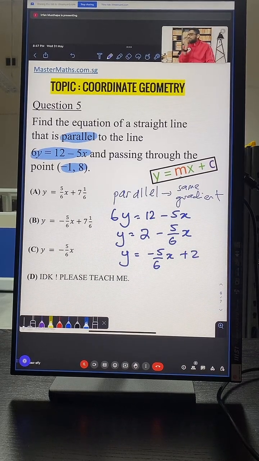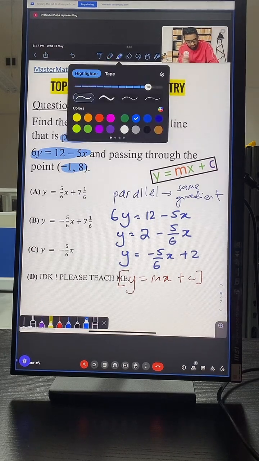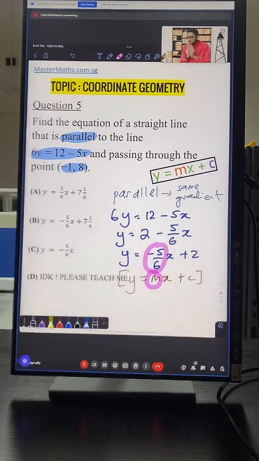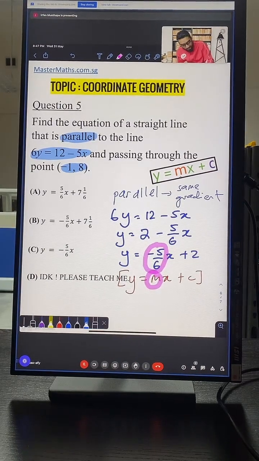Why did I rearrange? Because I'm trying to form y equals mx plus c. I'm trying my best to form this. So with this, guys, I know for sure that the gradient is negative 5 over 6. Understand? So when I say parallel, same gradient. Am I right?